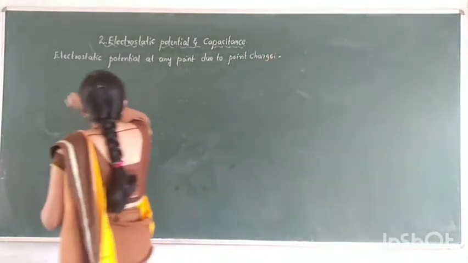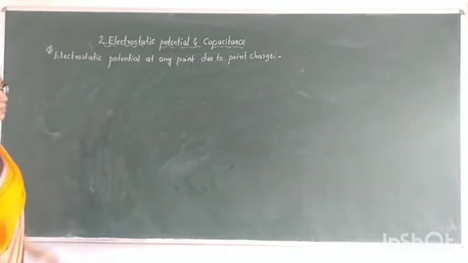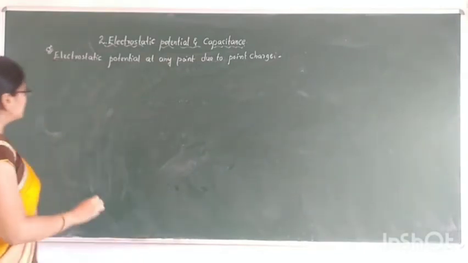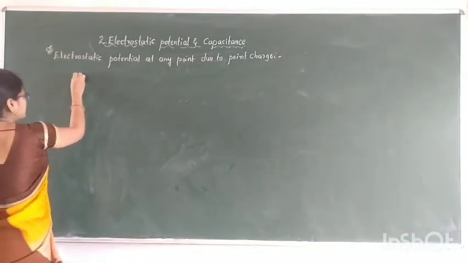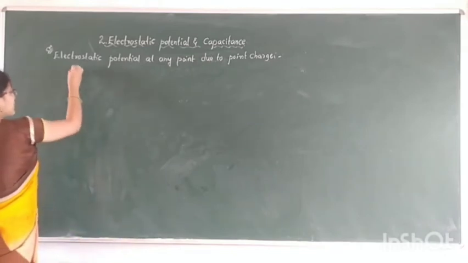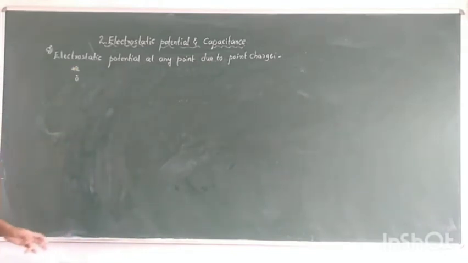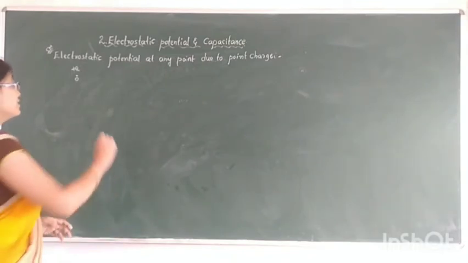It is important for problem solving. For this, consider a diagram. Point O, the origin, is where the charge Q is placed. Here the charge plus Q is the source charge.